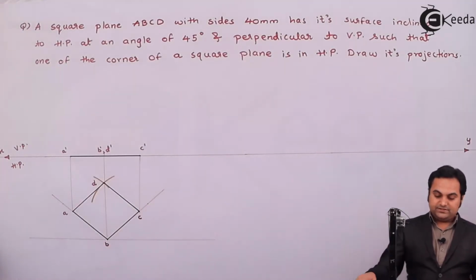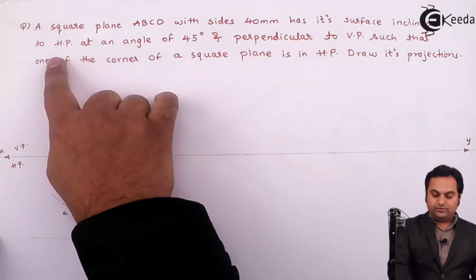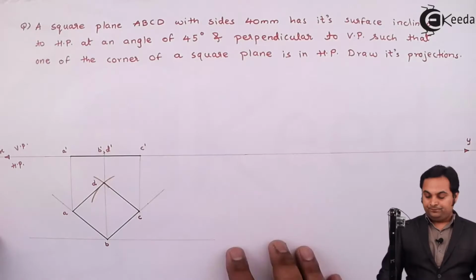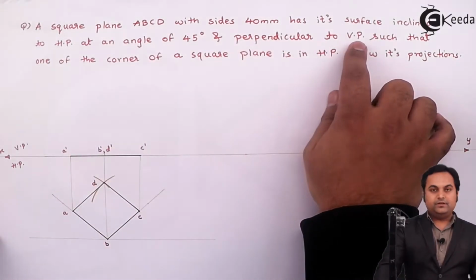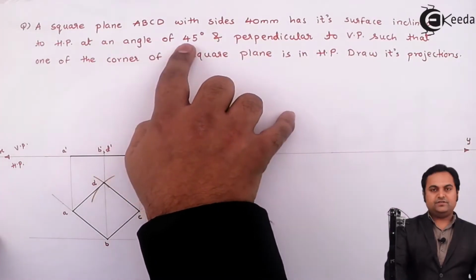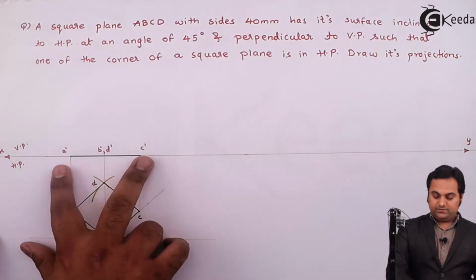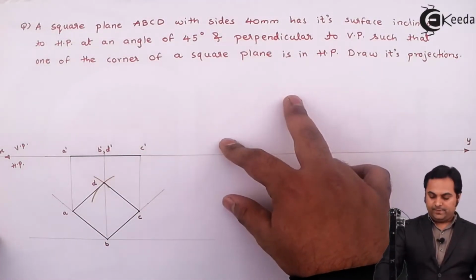The next condition is square plane ABCD with sides 40 mm has its surface inclined to HP at an angle of 45 degree and perpendicular to VP. So inclined to one plane, that is HP, perpendicular to the other plane VP. Now inclination with HP will be seen in VP. So here this plane which appears as a line will be inclined at 45 degree.